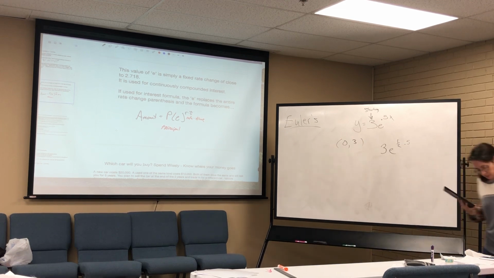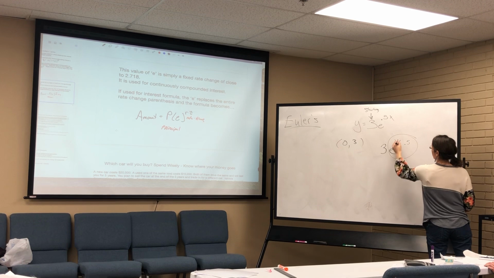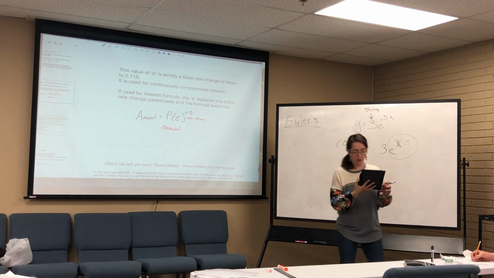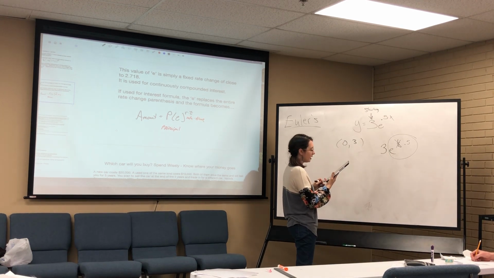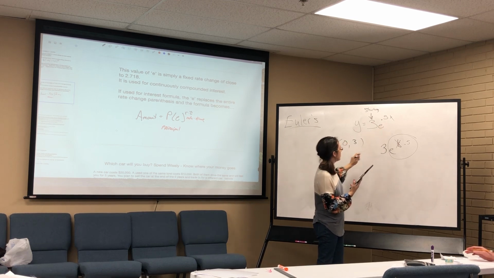Do you have it on your calculator? Yep, and then times 3. Wait, why times 3? Well, because that's this first part. Oh, yeah. And then it gives you 14.8. All right. So when x is 1, then your y value is 14.8.